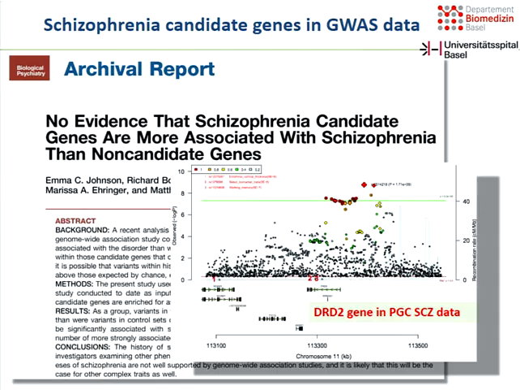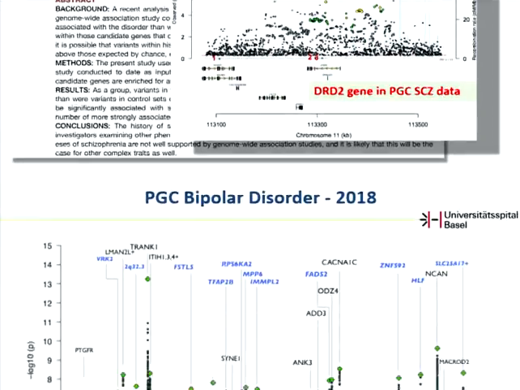So one of the earliest candidate genes now proves to be right. But I have to say, many of the other candidate genes that we chose are obviously wrong, or the effects of these genes are so small that we even need bigger sample sizes to confirm them. So that is a quite interesting view.